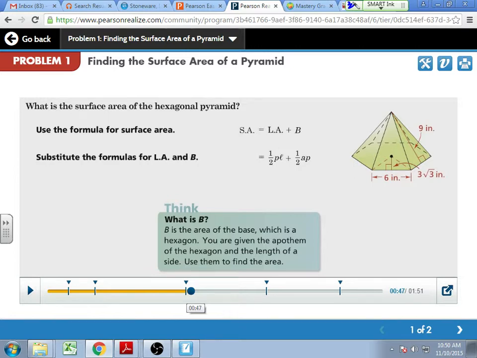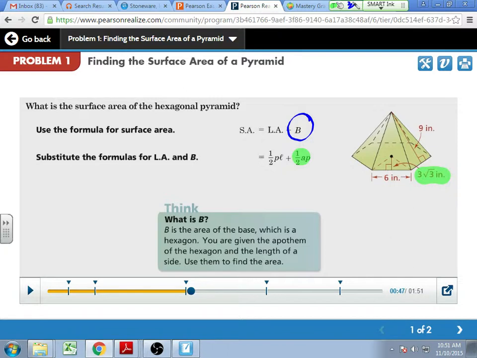Now here's the thing, and I think I actually just misspoke for a second. If we're trying to find big B, the apothem they're asking for, this apothem A, is actually this value, 3 radical 3.